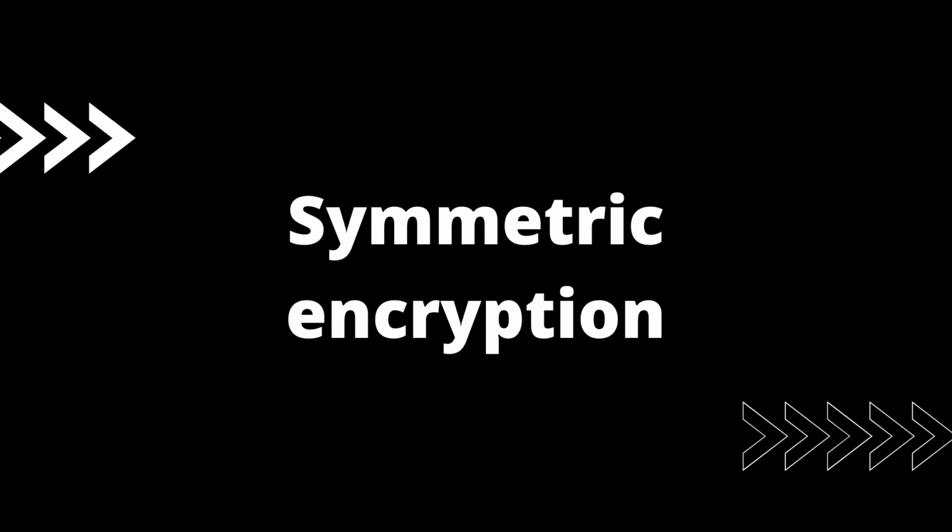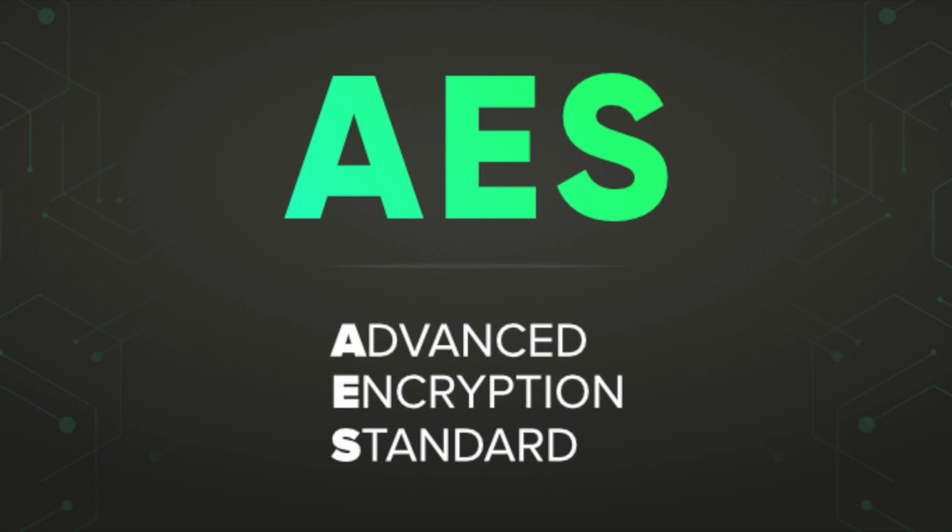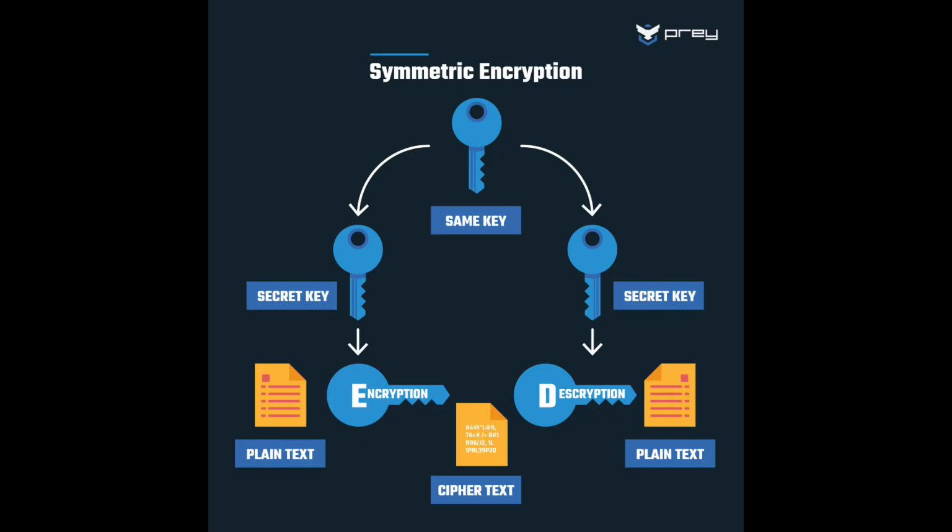Today's classical computers use two primary classes of algorithms for encryption: symmetric and asymmetric. In symmetric encryption, the same key is used to encrypt and decrypt a given piece of data. The Advanced Encryption Standard, or AES, is an example of a symmetric algorithm.